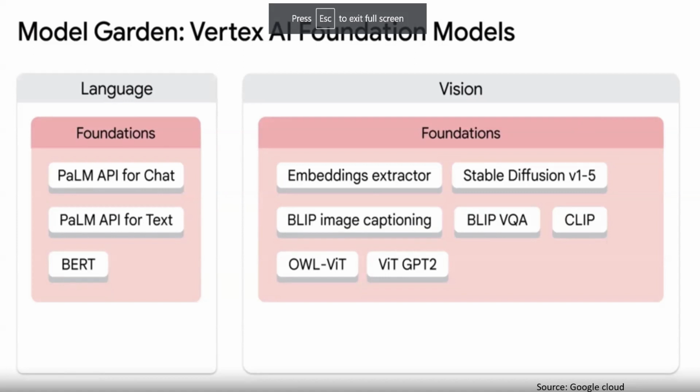If you're looking for foundation models, Vertex AI has a Model Garden which includes language foundation models and vision foundation models. Language foundation models like the PaLM API for chat and for text, and vision foundation models like Stable Diffusion, which produces images from text.